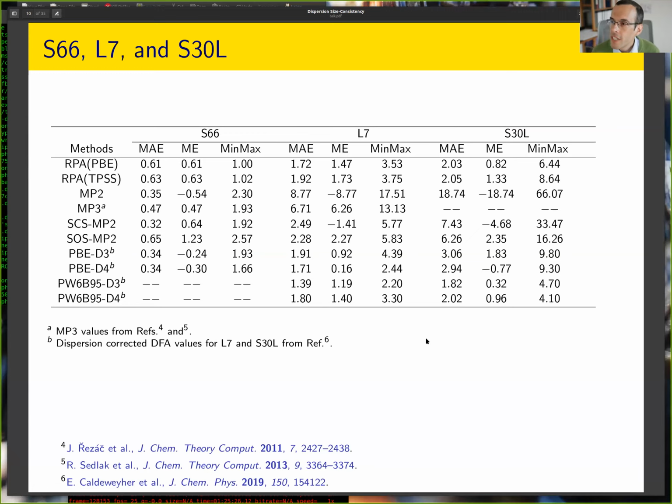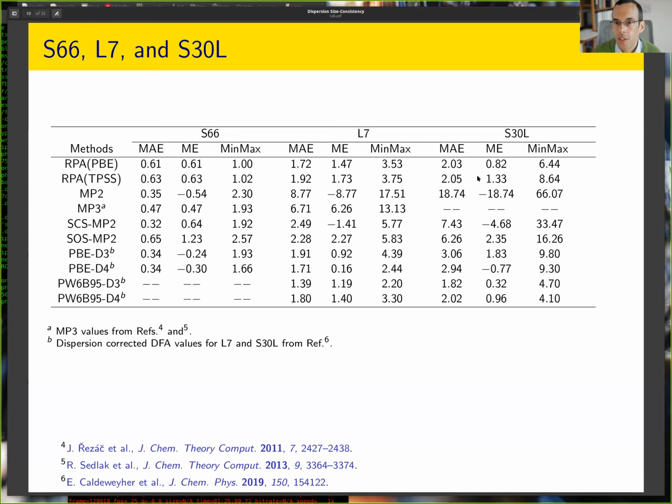And so you don't see this in the smaller benchmarks, right? If you look at S66, for example, or even the L7, which contains a few larger systems, you have mostly relatively small errors. Although you see a little bit already cropping up here in L7, it really gets shockingly large when you go to the S30L benchmark.